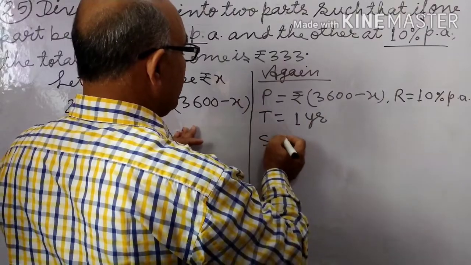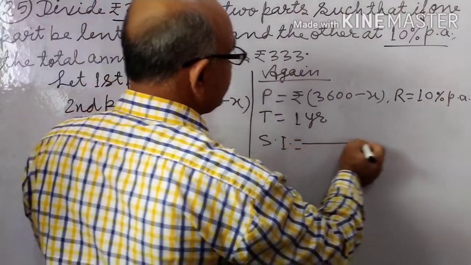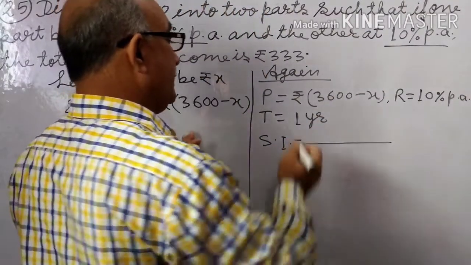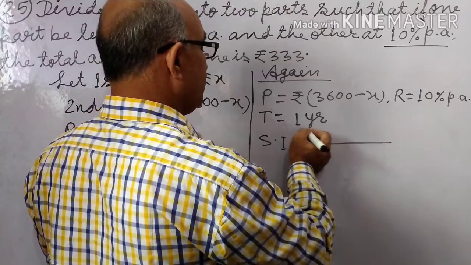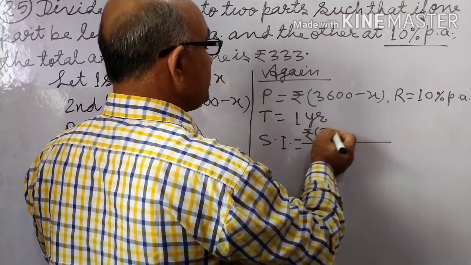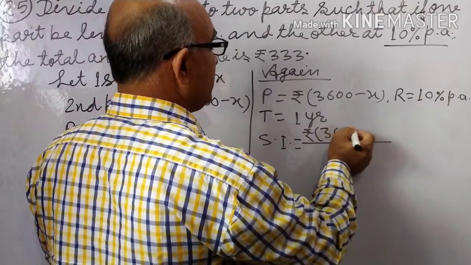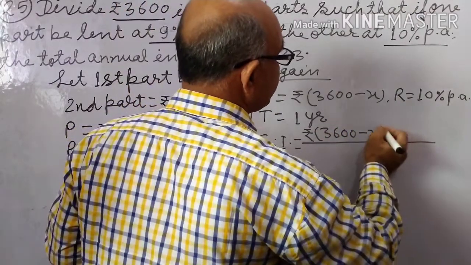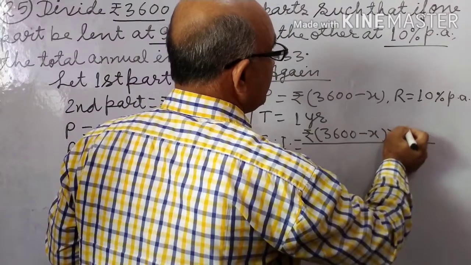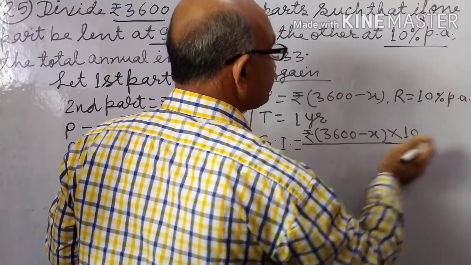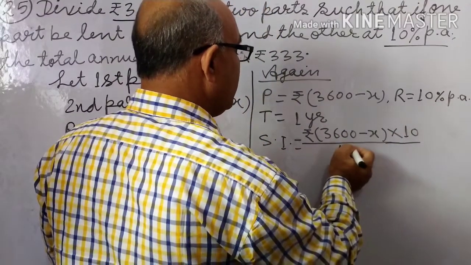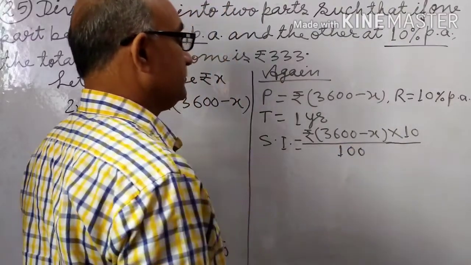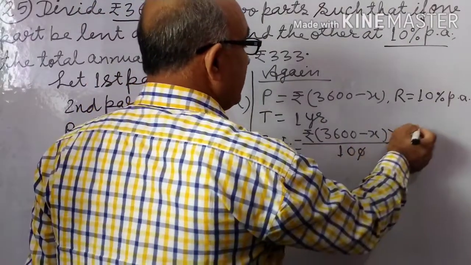So SI equal to P into R into T. So P, rupees 3,600 minus X into 10 divided by 100. 0 to 0 cancel.